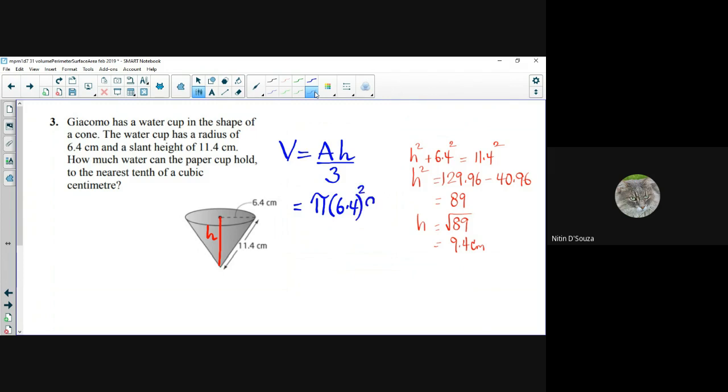My height is 9.4 divided by 3. They said they wanted it to the nearest tenth of a cubic centimeter. So that's going to be 40319.6 cubic centimeters.